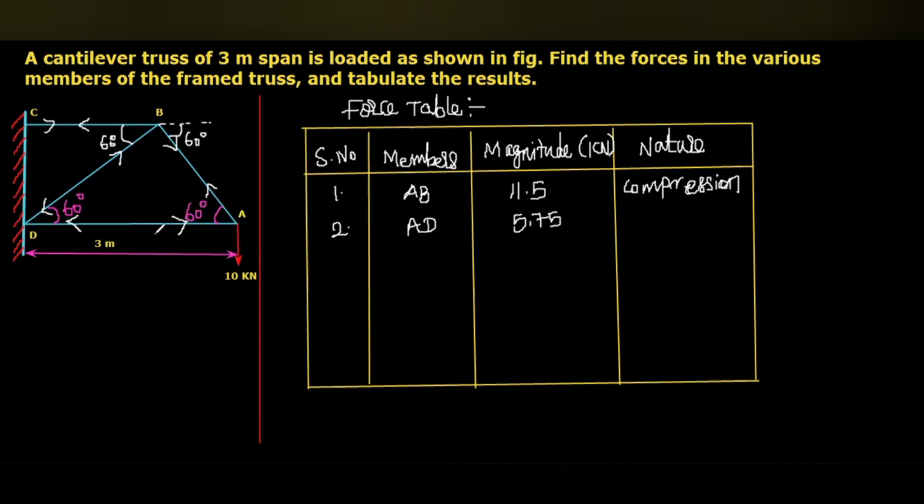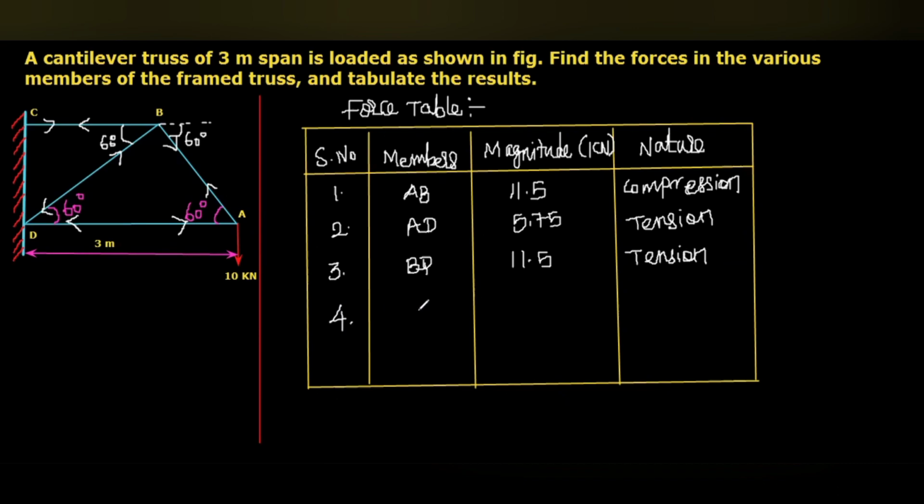Here you can see this AD is tensile in nature. So tension. Then the third member, that is BD. This is also equal to AB, 11.5 kilonewton. Here BD, you know, is tensile in nature. That's why that will be in tension.